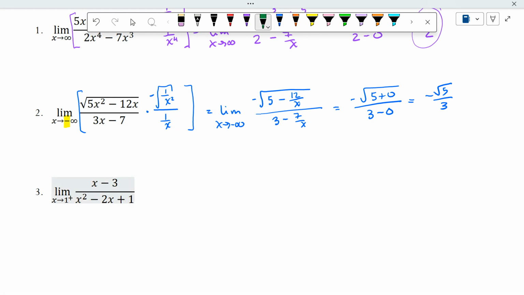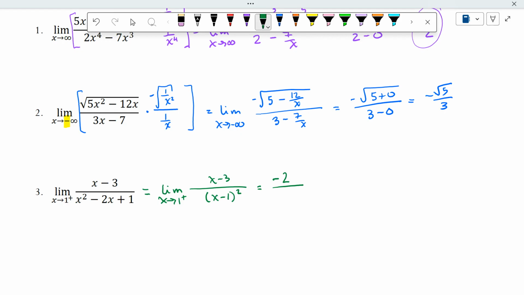Can I factor the denominator? Which actually will make this problem a whole lot easier. Now, when I plug in a number slightly larger than positive 1, what do I get in the numerator?